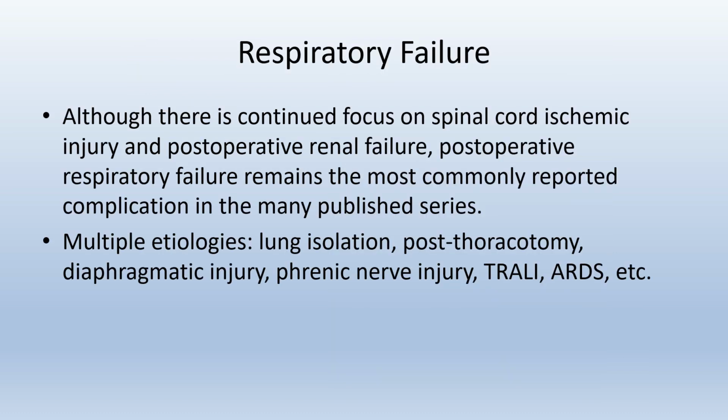Respiratory failure: although there is continued focus on spinal cord ischemic injury and postoperative renal failure, postoperative respiratory failure remains the most commonly reported complication. In the main published series, there are multiple etiologies: lung isolation, post-thoracotomy, diaphragmatic injuries, phrenic nerve injury, and TRALI and ARDS.